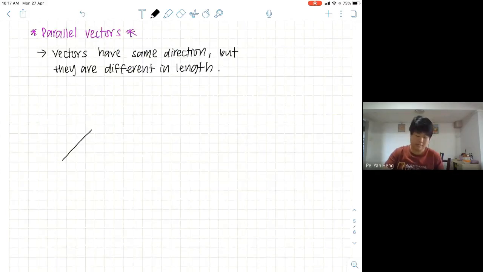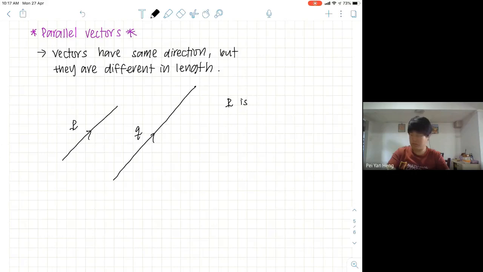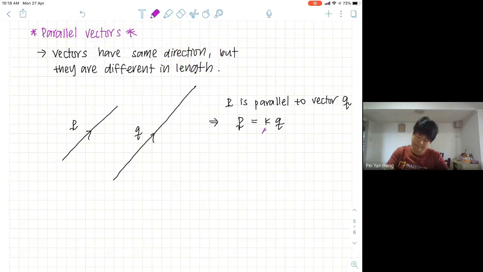If we say that this is vector P and there's a vector Q, and vector P is parallel to vector Q, what it means is that P is a scalar multiple of vector Q. Then it is your job to figure out what this scalar multiple is. Sometimes it may be a whole number, sometimes it may be a fraction.